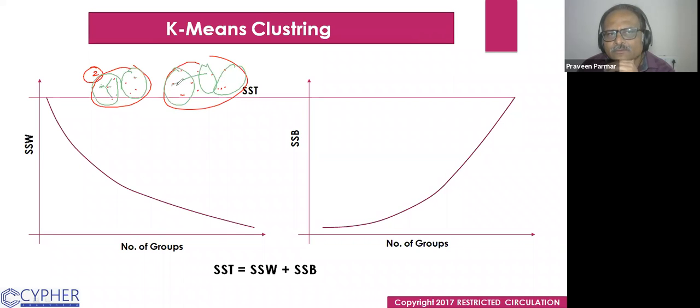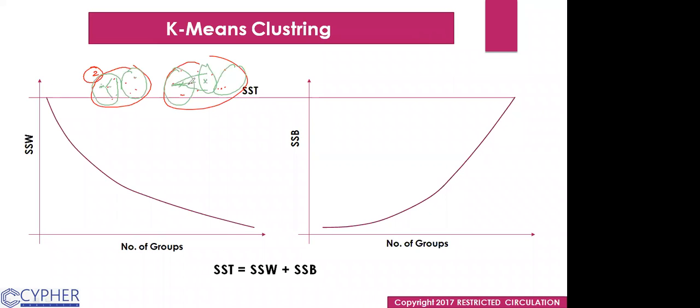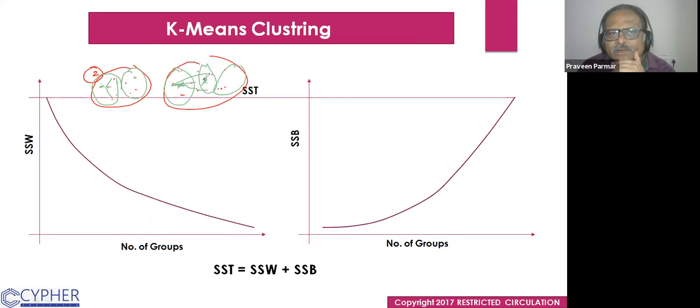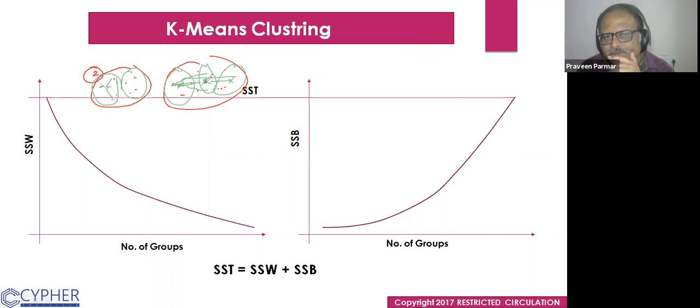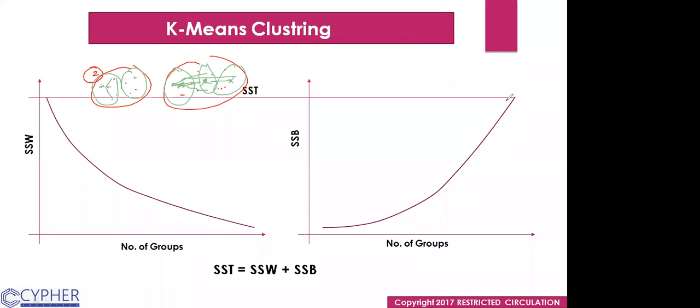Why? Because you are making the means, no? The sum of square between this mean and this mean and this mean. There are so many mean distances you will take, and you take the square of that, so it will increase. Got it?